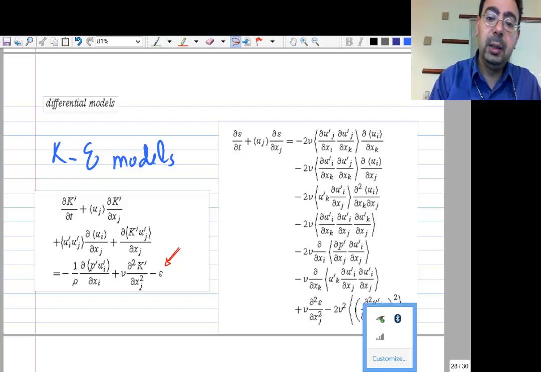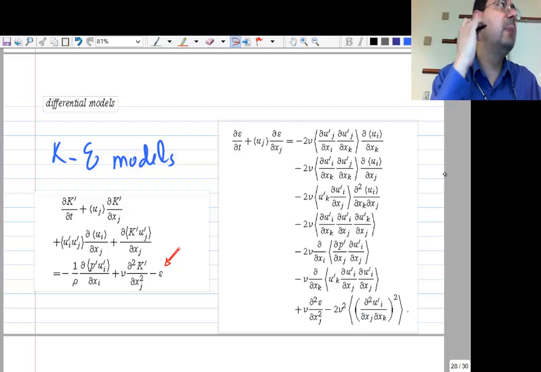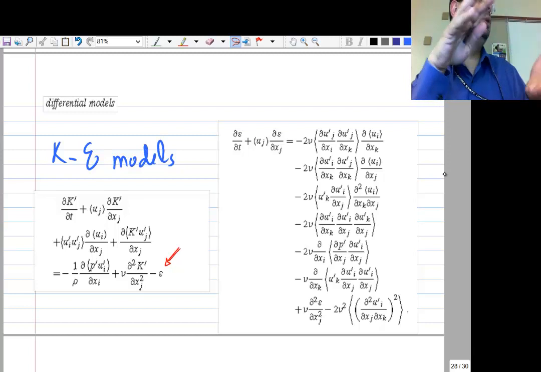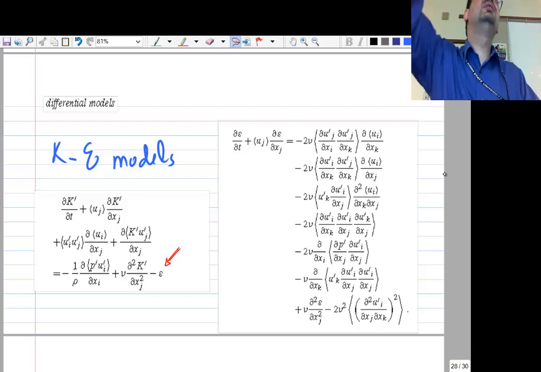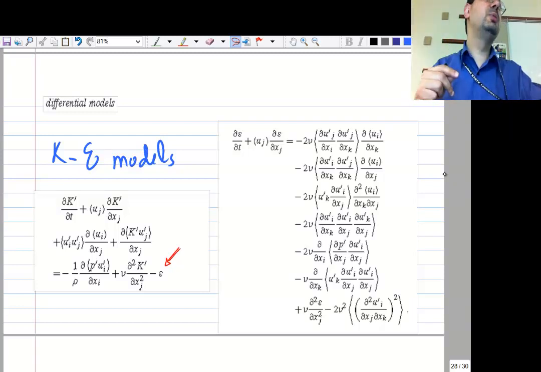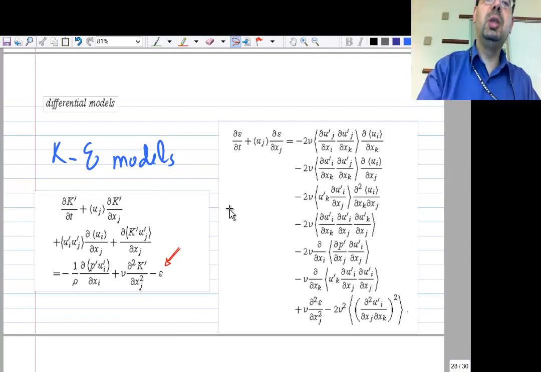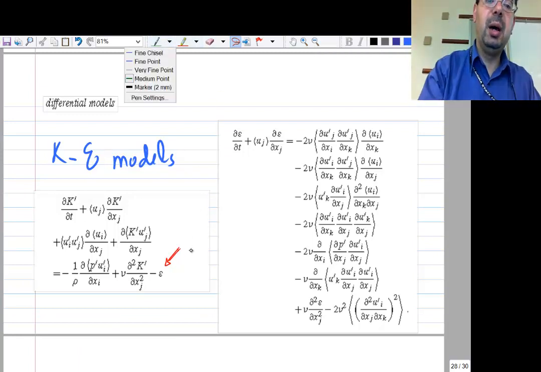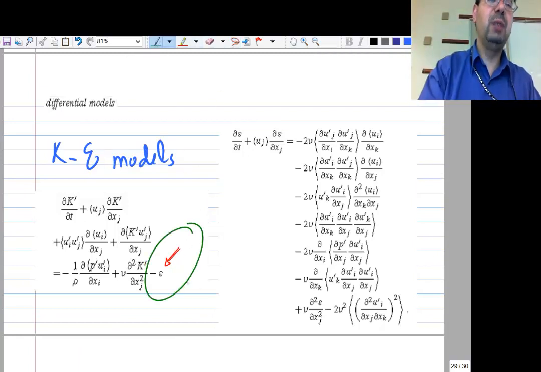And by the way, some people don't use the K epsilon equation. If you open Fluent or the software that your company is using, you will find a one equation model and a two equation model. The two equation model to simulate turbulence is the K epsilon. The one equation model is basically saying, come on, I'm not going to do an equation for this. I know what this guy is. I can model this guy.